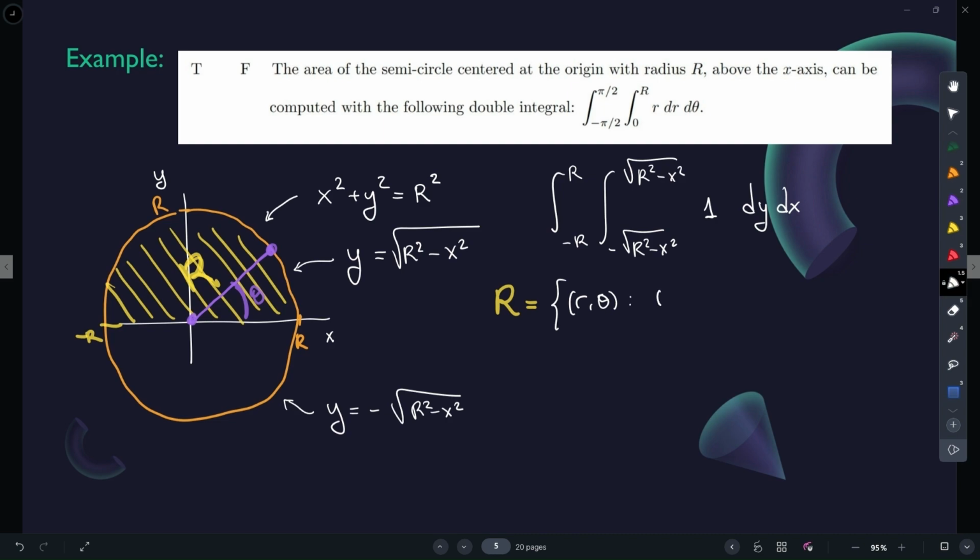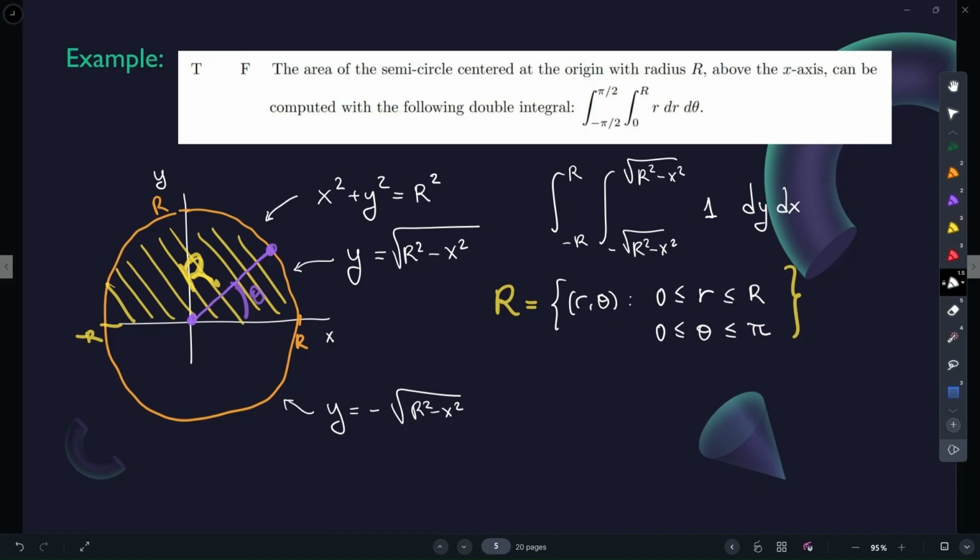So the radius can be going from 0 all the way to r, while the angle, as drawn, from here to here, is from 0 to pi. Okay, so I would say that theta goes from 0 to pi, and that is the region R.